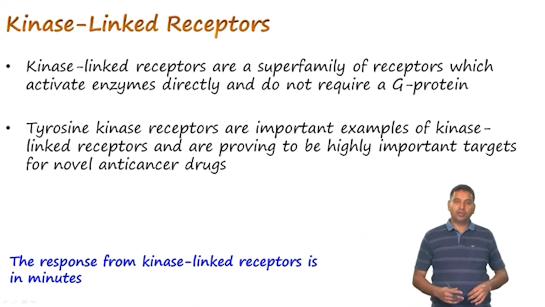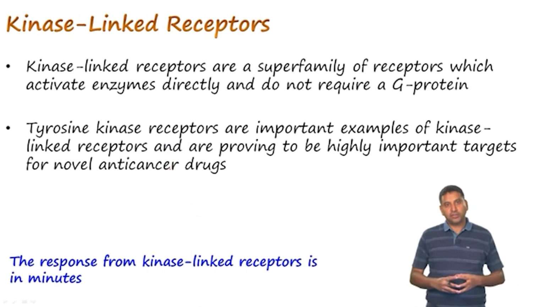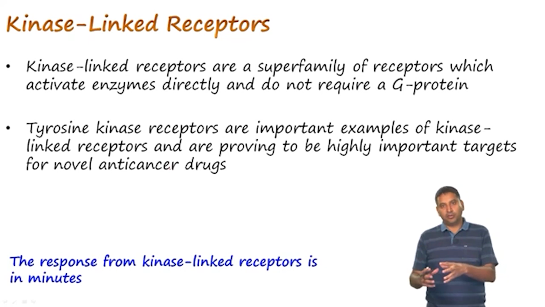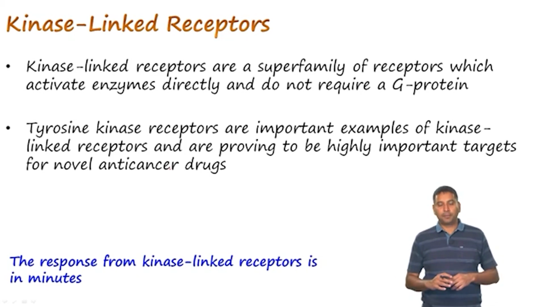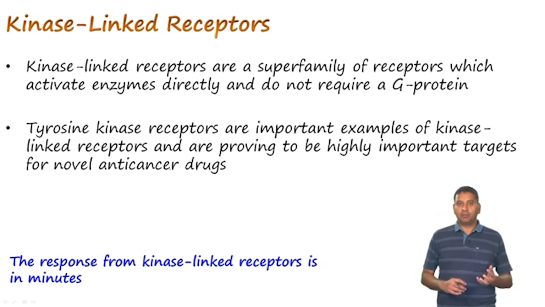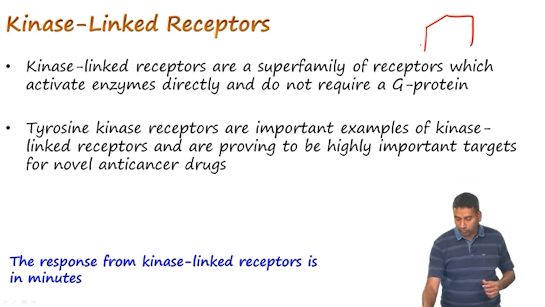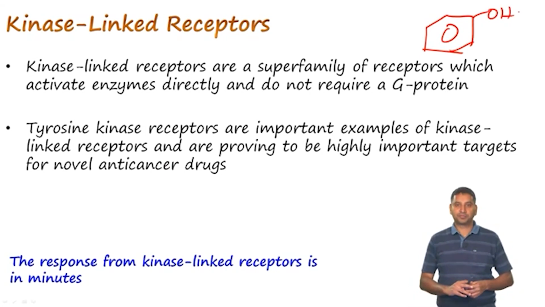The third type of receptors are kinase linked receptors. Kinase linked receptors are a superfamily of receptors which activate enzymes again, but they do not require a G protein. Tyrosine kinases are important examples of kinase linked receptors. Tyrosine, as you know, has a phenolic residue.